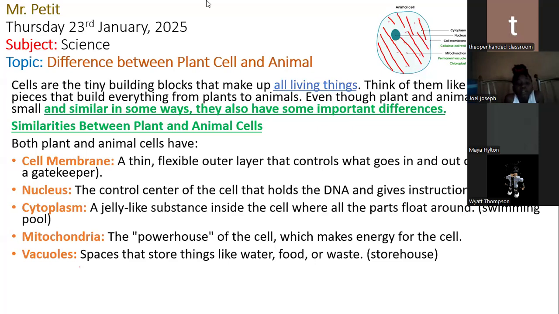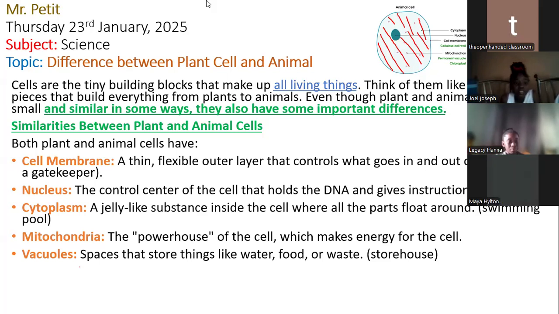A thin, flexible outer layer that controls what goes in and out of the cell, like a gatekeeper. Nucleus. The control center of the cell that holds the DNA and gives instructions. Brain. Cytoplasm. A jelly-like substance inside the cell where all the parts float around.